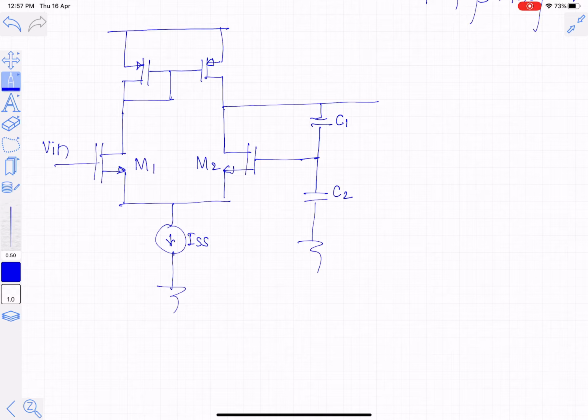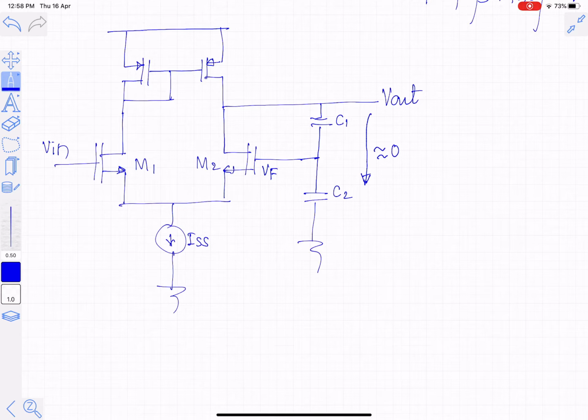We know that the differential amplifier will amplify the difference between Vin1 and Vin2, that is Vg1 and Vg2. So Vg1 is Vin, while Vg2 is equal to a feedback signal Vf. This is Vf, Vout. Here we are assuming that the values of C1 and C2 are such that at the frequency of interest this current is almost equal to 0.